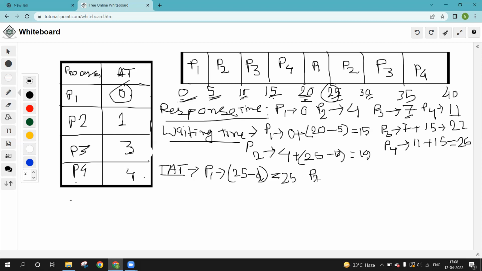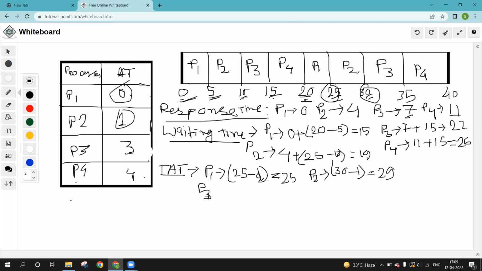For P2, the execution ended at 30 and the arrival time is 1, so 30 minus 1 is 29.